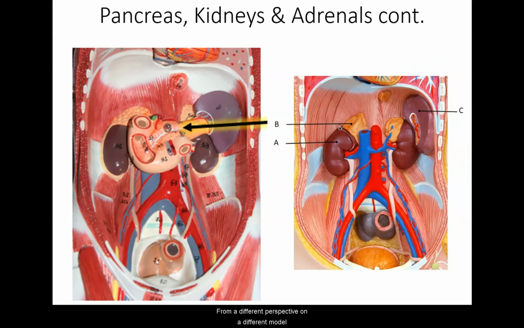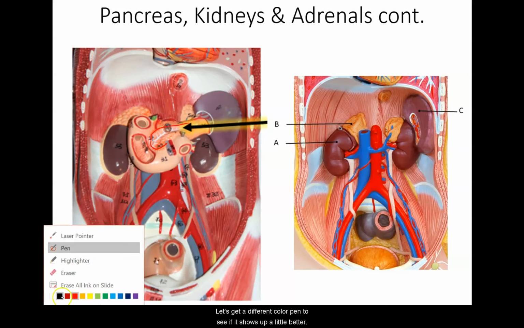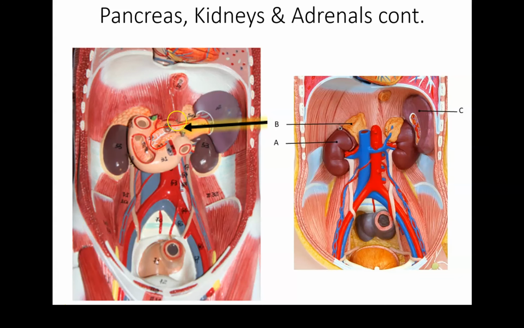From a different perspective, on a different model, over here on this side, we see again that kind of pancreas tucked in here. Let's get a different color pen to see if it shows up a little better. So we can see that pancreas right there. We can see that duodenum right there. This is my spleen.